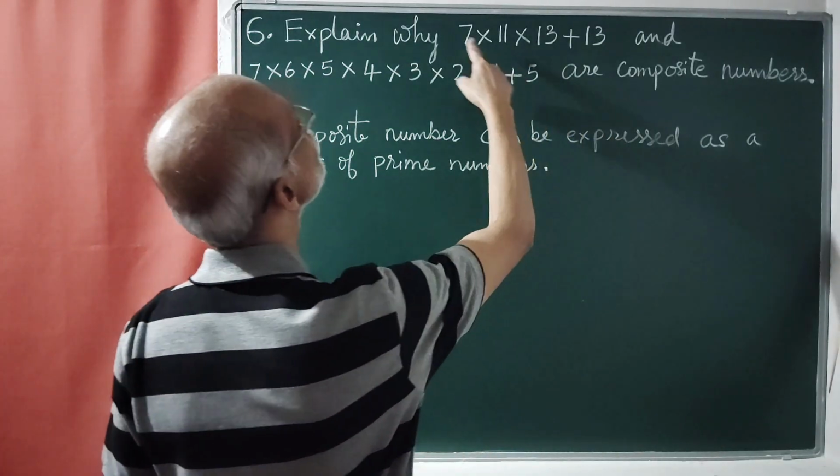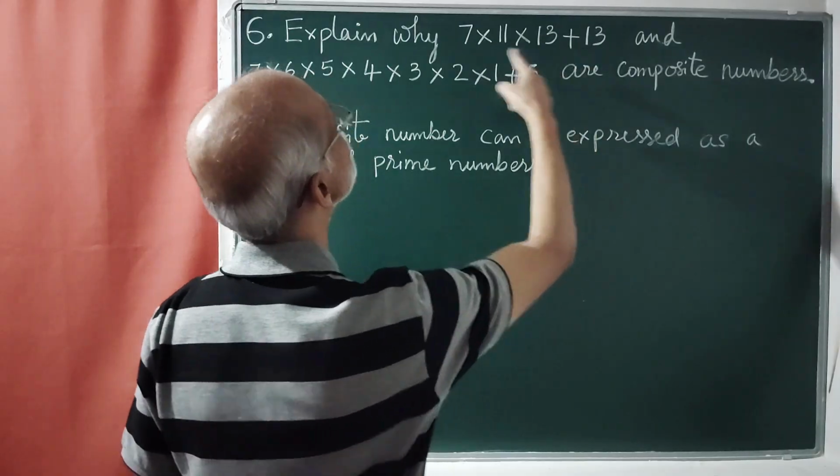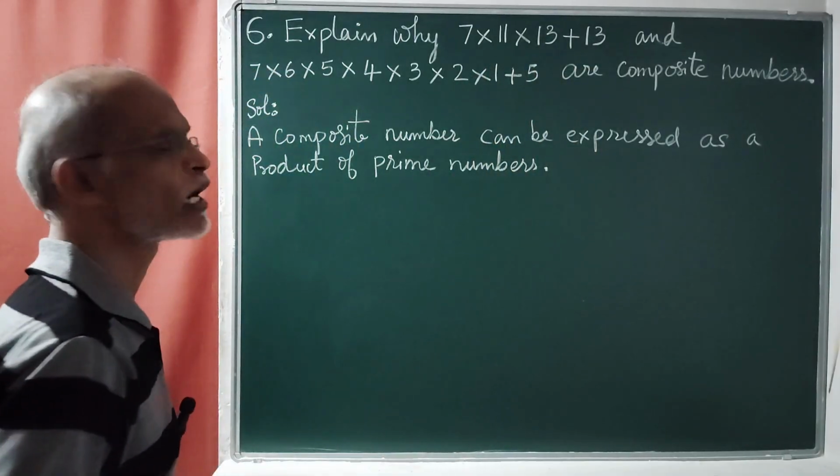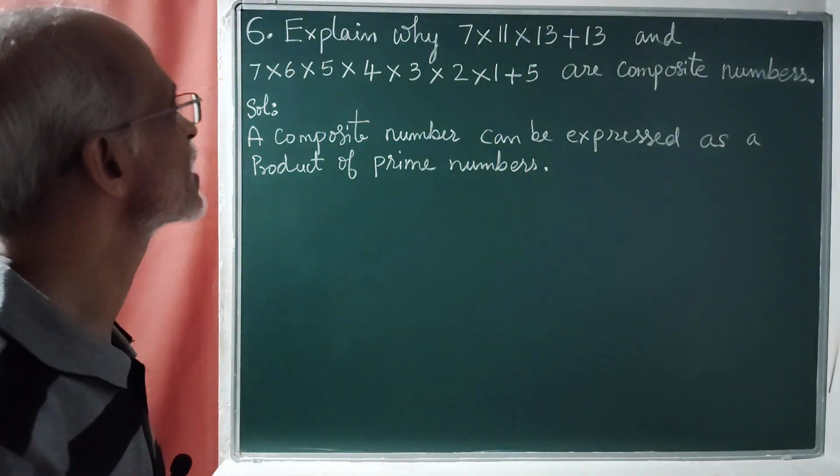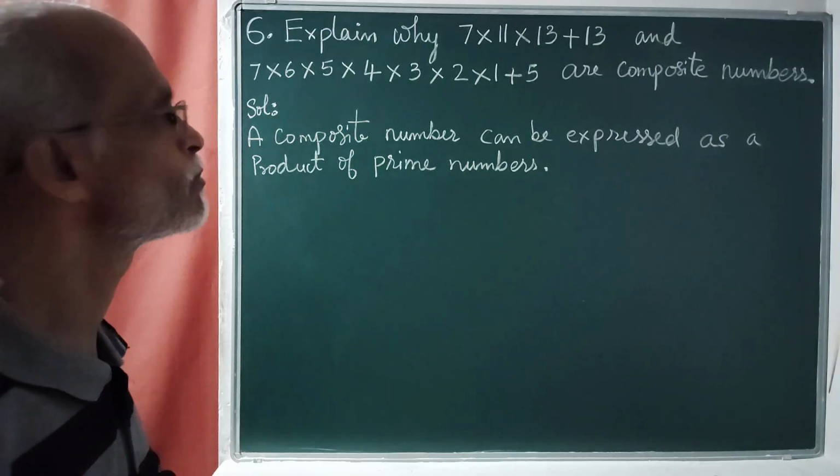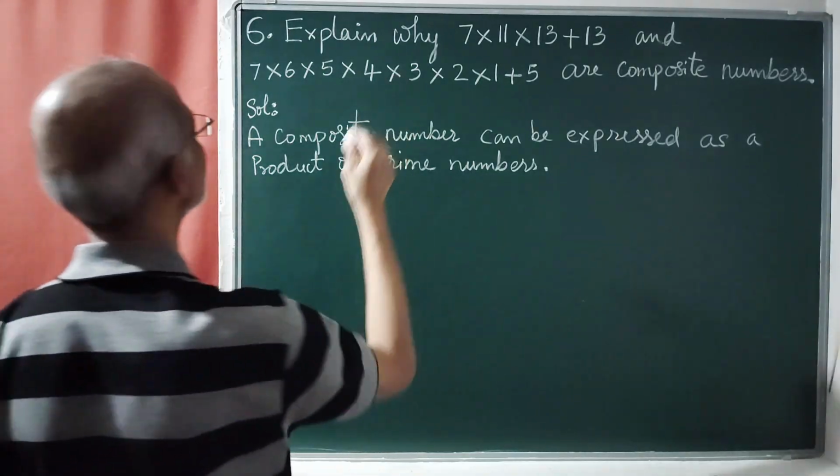So, if we can express these numbers as a product of prime numbers, then we can tell that they are composite numbers. So, let us take the first one.